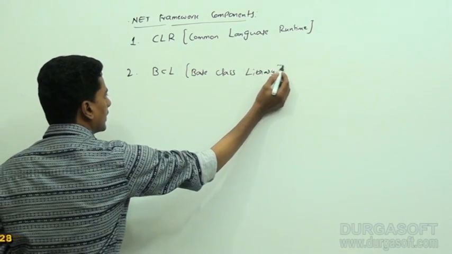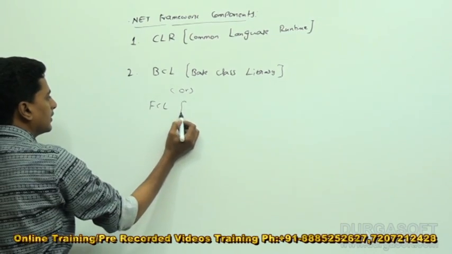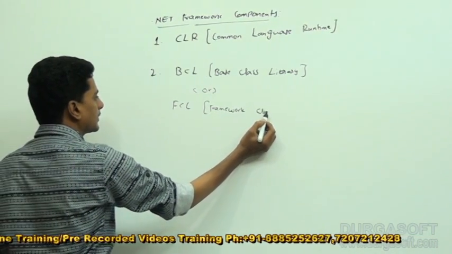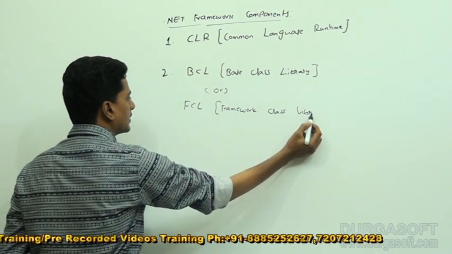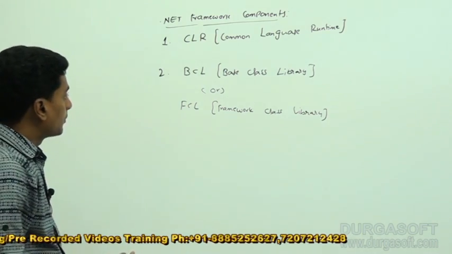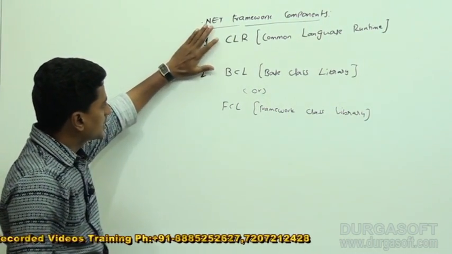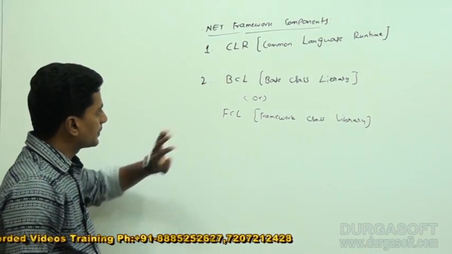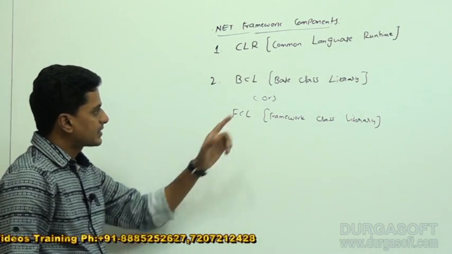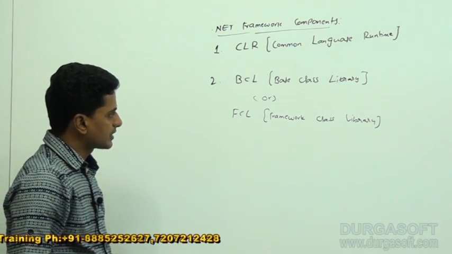It is also called FCL, Framework Class Library. So these are the two main important components in the .NET Framework: CLR, Common Language Runtime, and the Base Class Library, BCL, also called FCL, Framework Class Library.